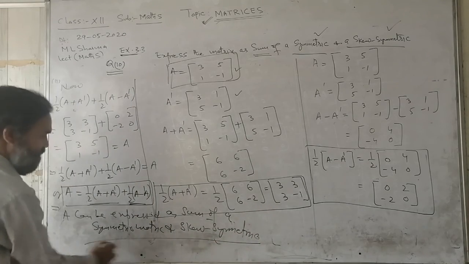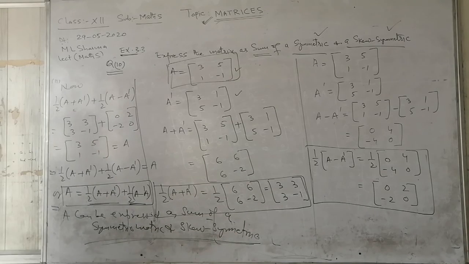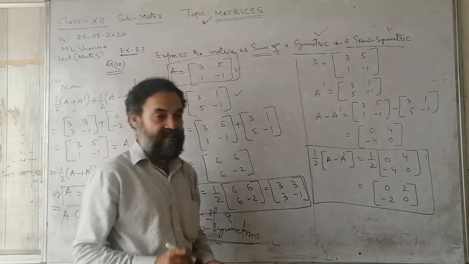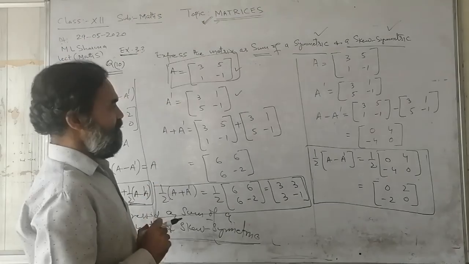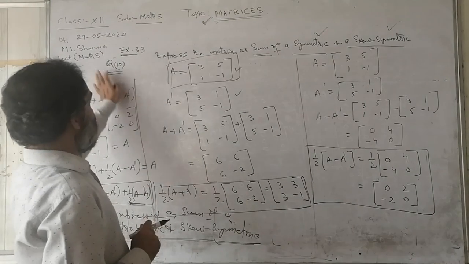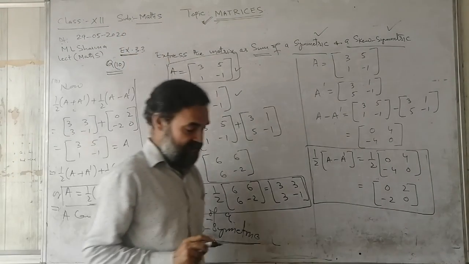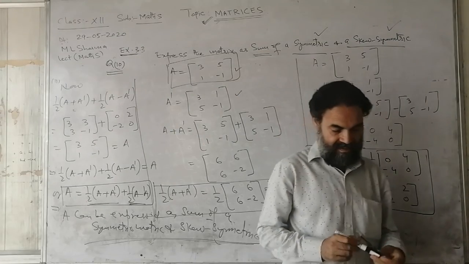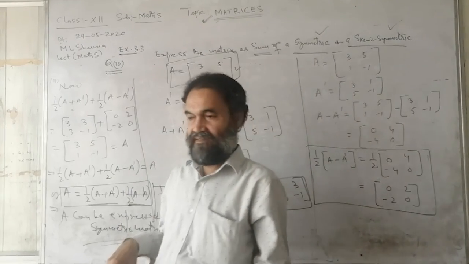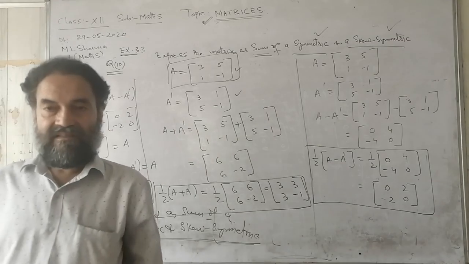With this, question number 10, which has 4 parts, the first part is solved. So 3 parts are left. I will take the 3 parts the next day, that is tomorrow, and this finishes your 3.3 exercise. Tomorrow I will take the rest of the questions. Till then, it is okay.